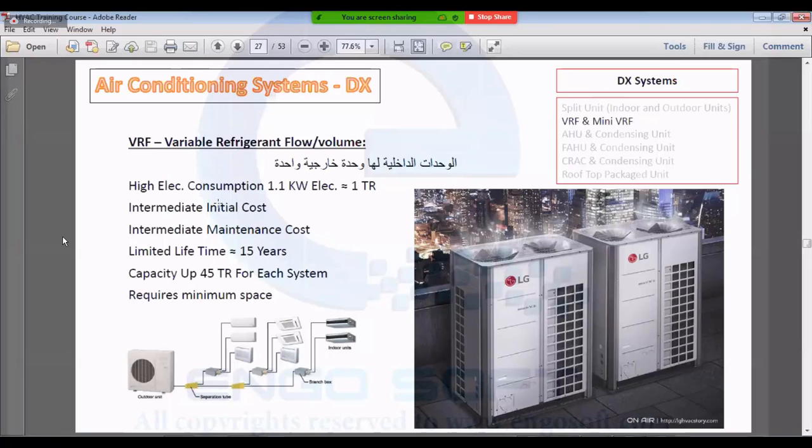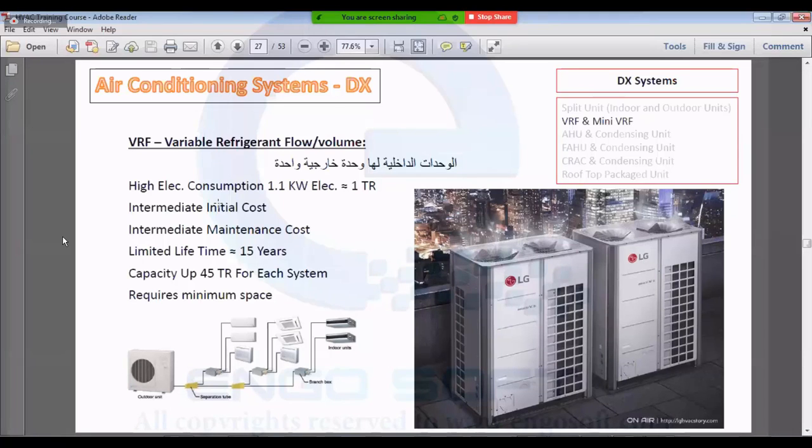It is cost efficient. It is the most efficient, right? Not all engineers or contractors in the Middle East understand this system. It is very difficult because it is very efficient, like you said.